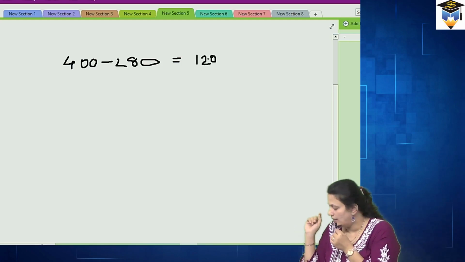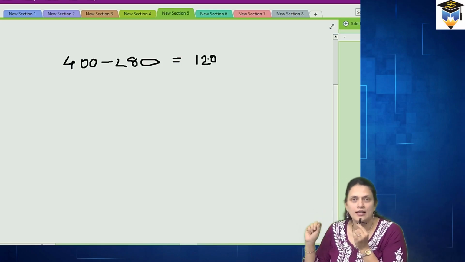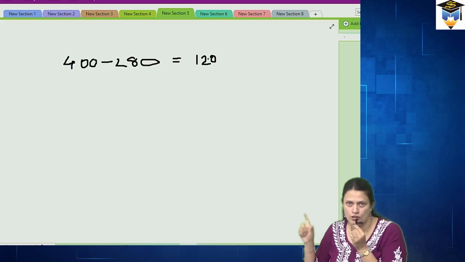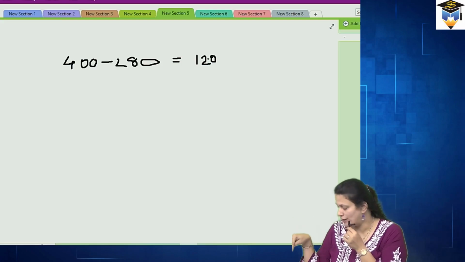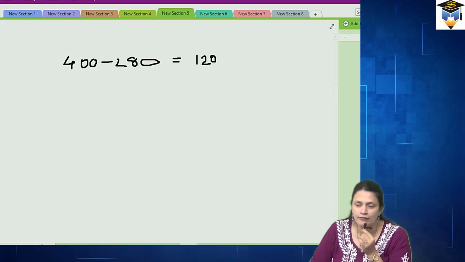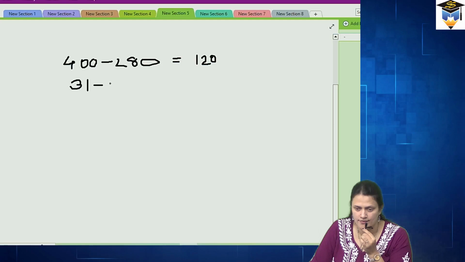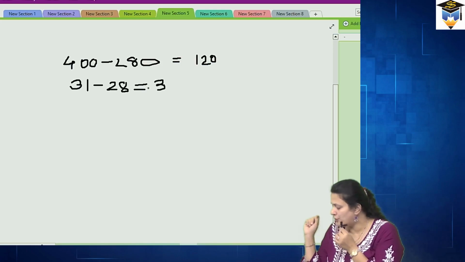Okay, now similarly, as we saw how many soldiers there are, the number of days also we have to count. So out of 31 days, how many days have they given? 28 days. So 3 days. Now the remaining number of days is 3 days.